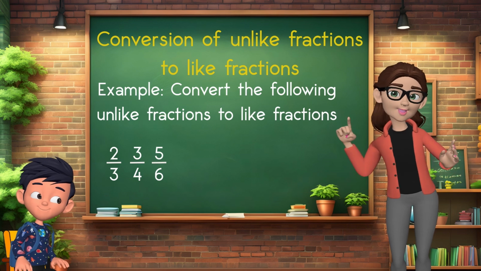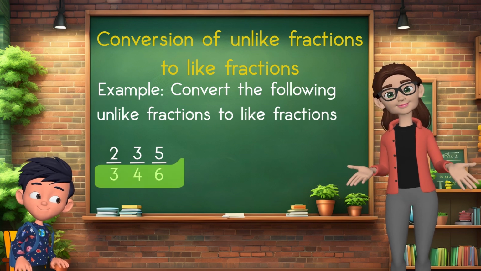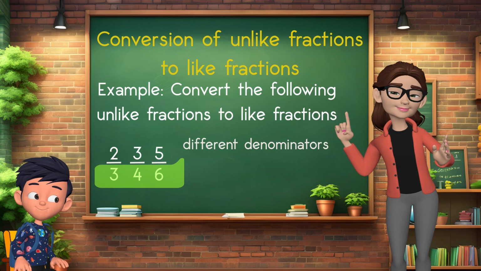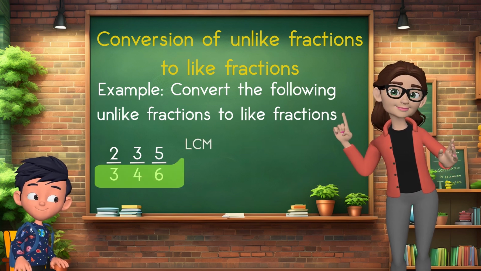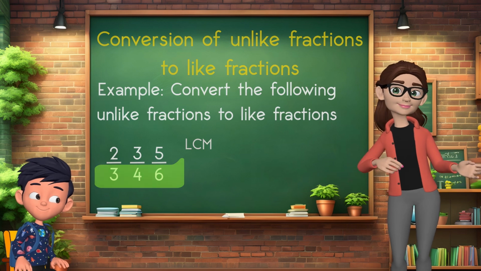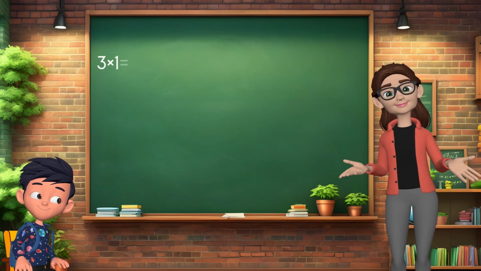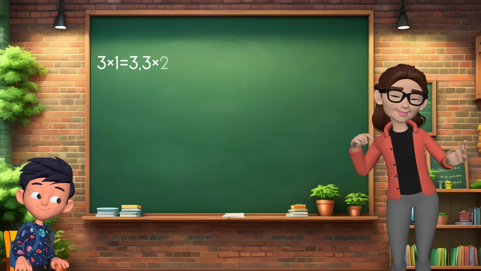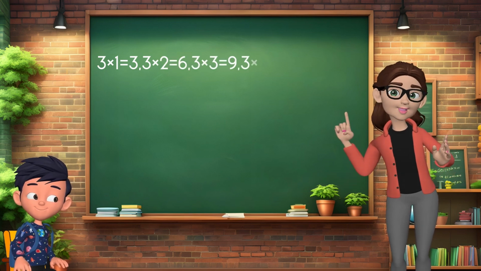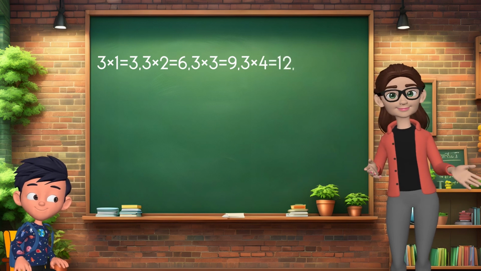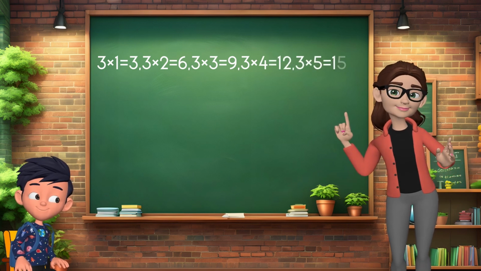Here, the denominators are 3, 4, 6. Now to find like fractions, we first find the LCM, least common multiple, of 3, 4, 6. Multiples of 3 are 3, 6, 9, 12, 15.